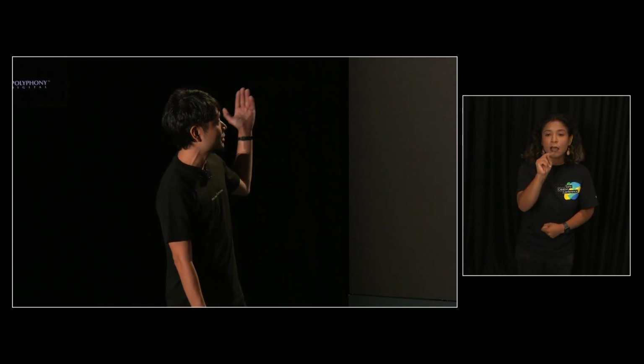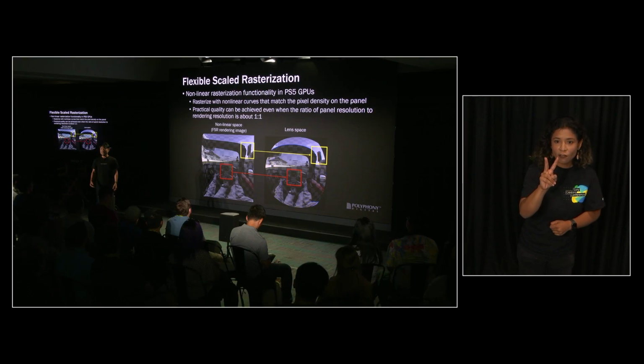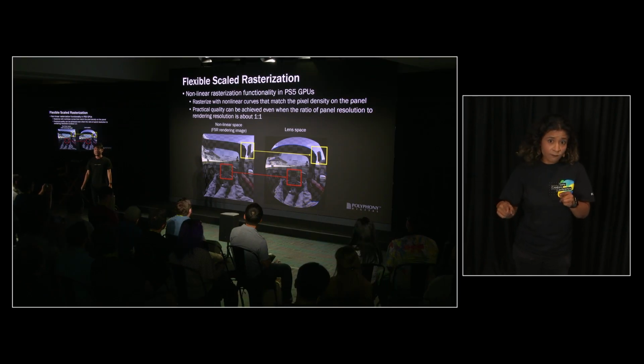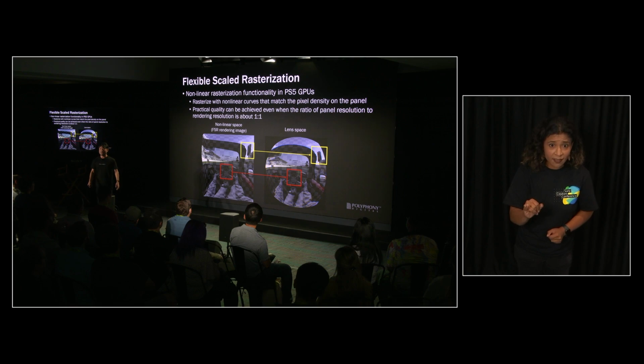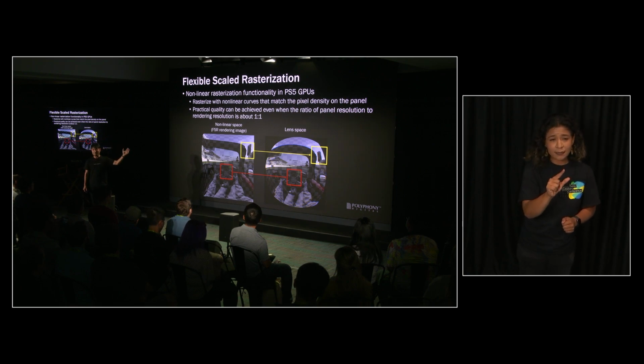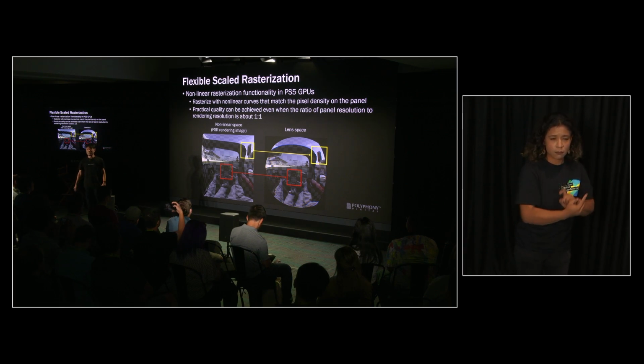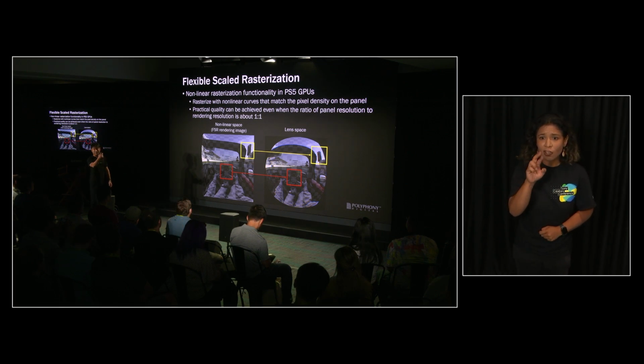This function performs nonlinear rasterization based on nonlinear curves set on the screen. This allows a practical quality to be achieved even when the ratio of panel resolution to rendering resolution is about 1:1. As a result, we can lower rendering costs significantly.